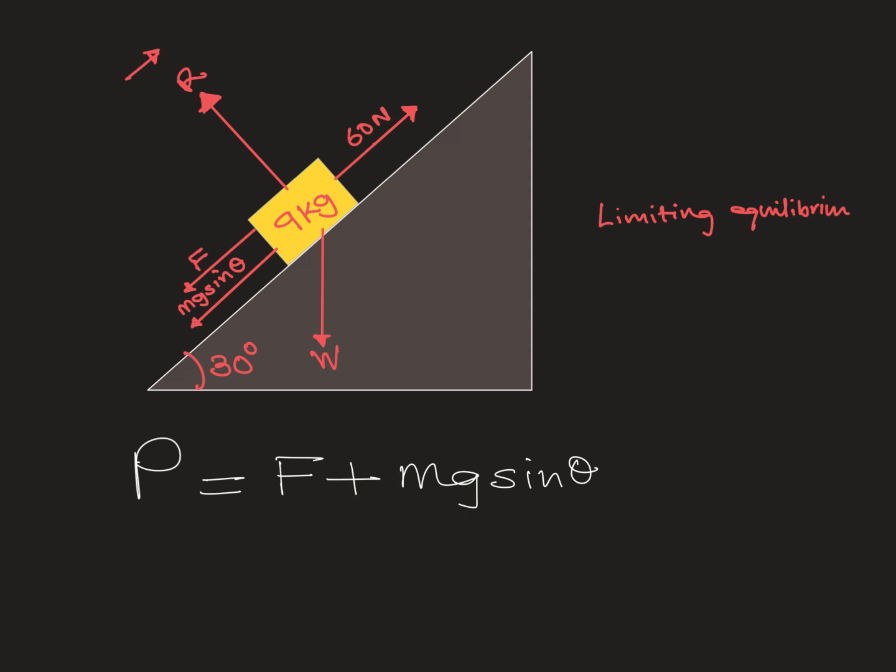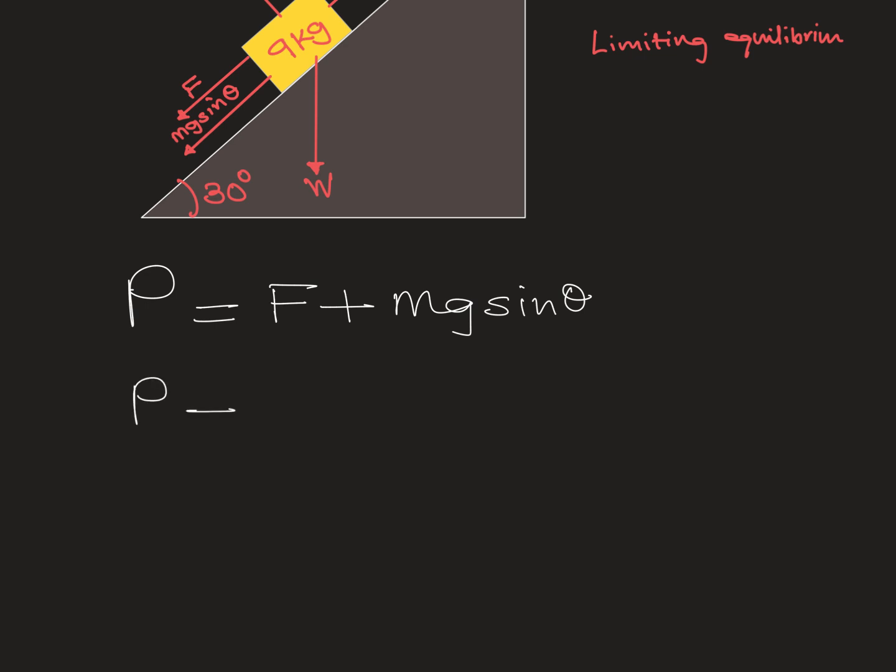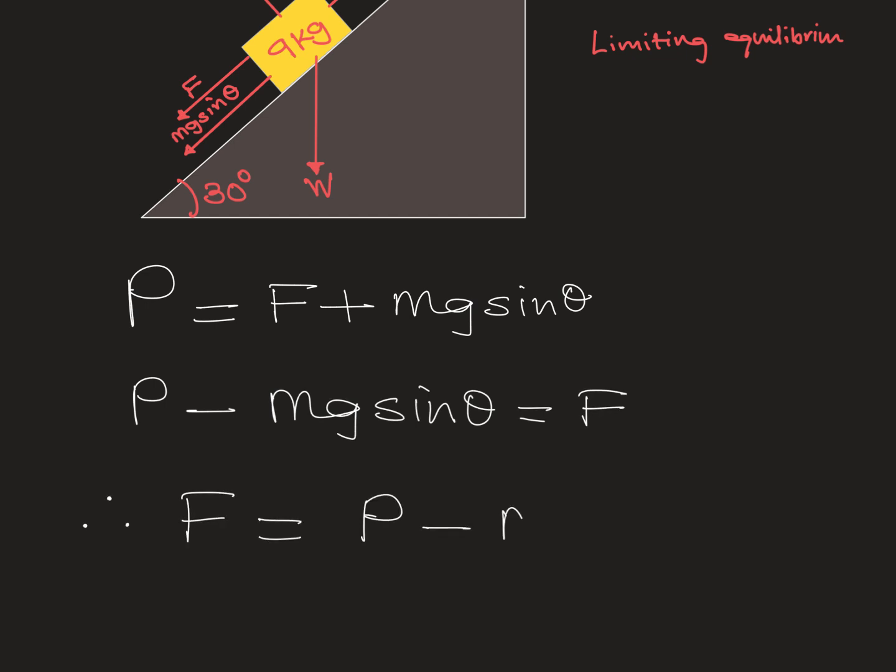Since acceleration has not been mentioned in the problem, it means that we are dealing with limiting equilibrium. And from the statement itself, just about to move means that the body is in limiting equilibrium. So if we want to find the frictional force, we can say P minus mg sine theta is equal to F. Therefore, F is equal to P minus mg sine theta.